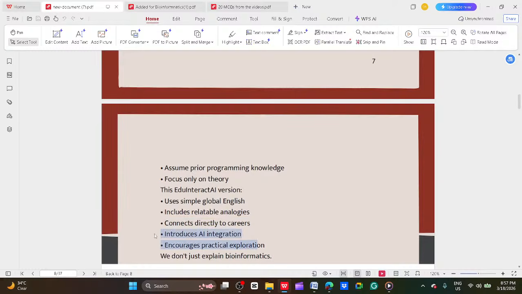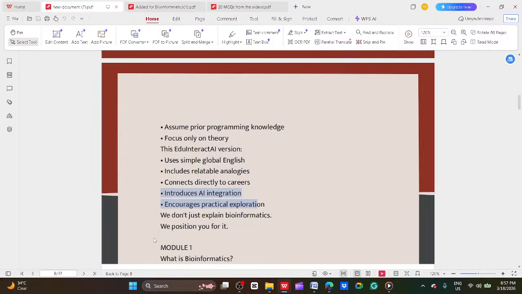So you don't actually need to say that before you can learn bioinformatics, you need to go and learn artificial intelligence. No, you don't need it. This ebook encourages practical exploration. Just like I told you, we have a lot of practical sections that we are going to do.